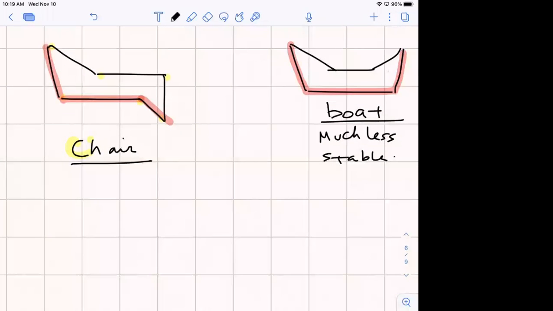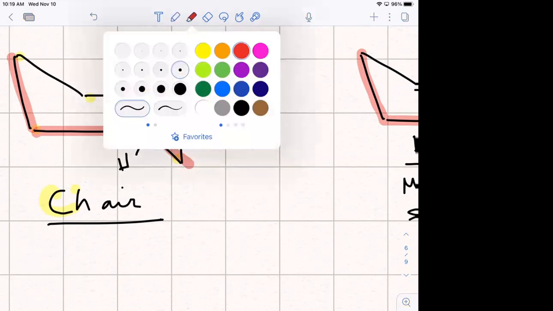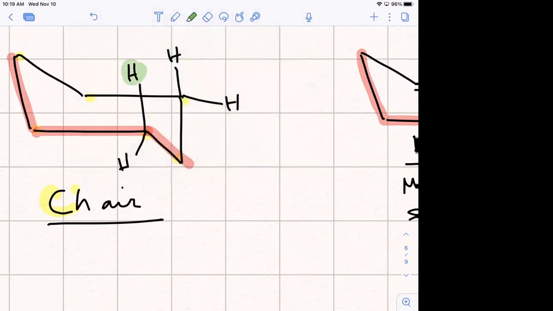So on the chair, if I were to put the hydrogens in, each carbon on the chair has 2 hydrogens, right? Somebody tell me what the hydrogens that are pointed vertically, what position is that if it's pointed in a vertical direction?